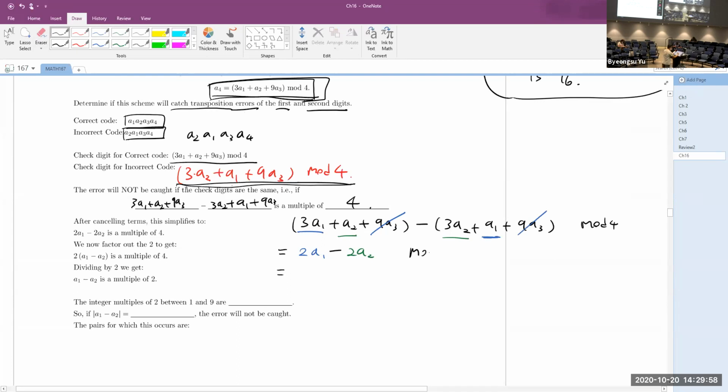So we have mod 4. Then it is 2 times (A1 minus A2) mod 4, right? I just factored out 2 from the equation. Question?